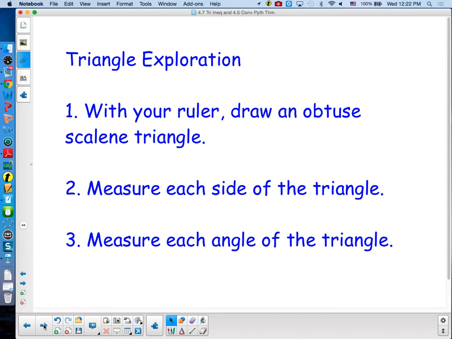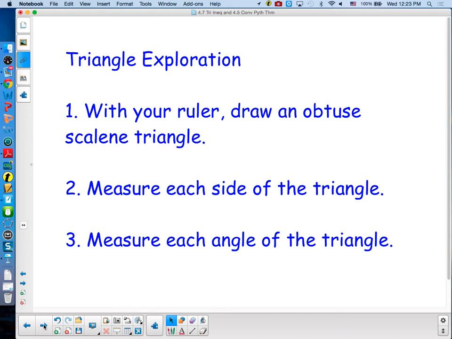We're going to measure the sides and measure the angles. Once you've drawn your triangle, make it fairly good size because you have to measure the sides and the angles. If you're using your protractor, it has to be kind of big. Measure the sides, write the measurement on each side.